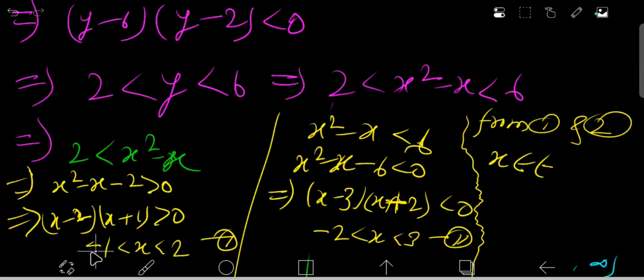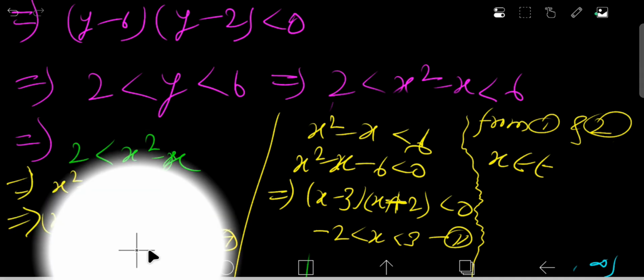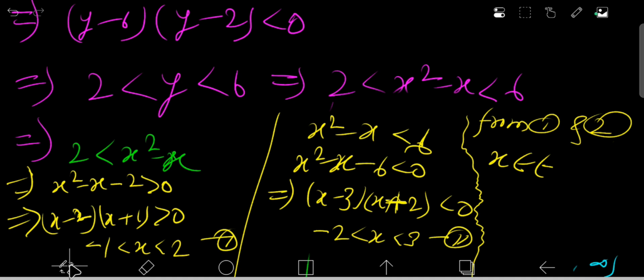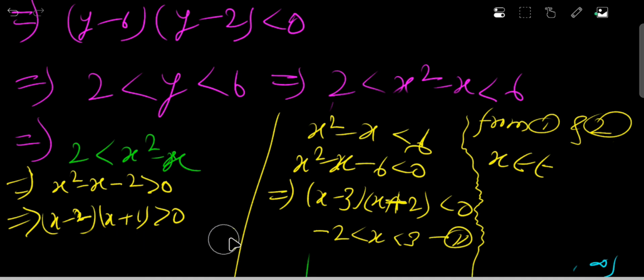Here we made a mistake. Wait. When we draw the real number line and this one is greater than 0, then we take the infinity part.